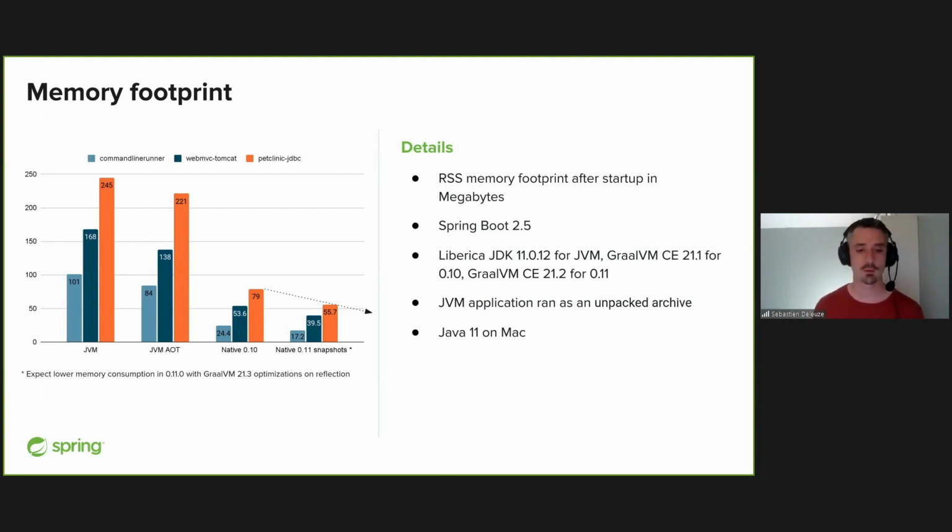So we had a great collaboration on that, and thanks to them for fixing that. And also, this is the outcome of the new AOT mode, which is more efficient, basically. And those results are likely to be even better in our upcoming release because we are going to leverage GraalVM 21.3, which provides some pretty significant optimization and reflection. More on that later.